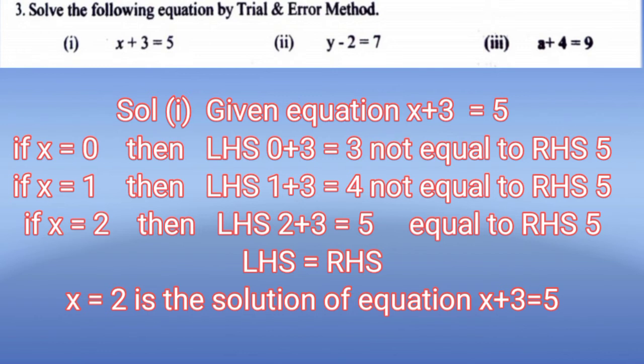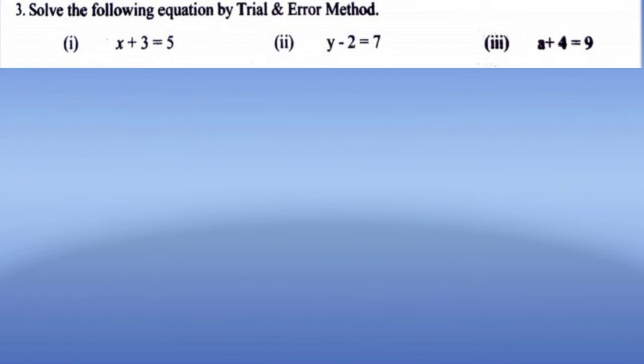If x equal to 1, then LHS 1 plus 3 equal to 4, that is also not equal to RHS 5. If x equal to 2, then LHS 2 plus 3 equal to 5, that is equal to RHS 5. That implies LHS equal to RHS, therefore x equal to 2 is the solution of the equation x plus 3 equal to 5.